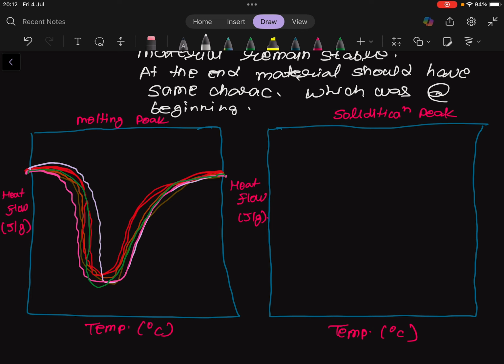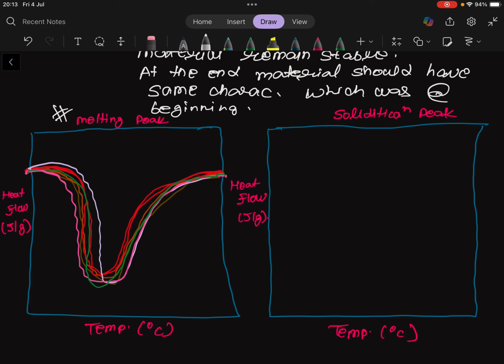If you look at the melting peak, only one melting peak is stable. So this material can be considered quite good for melting. Now if we look at the solidification curve, let me draw it first, for different cycles in a similar fashion.